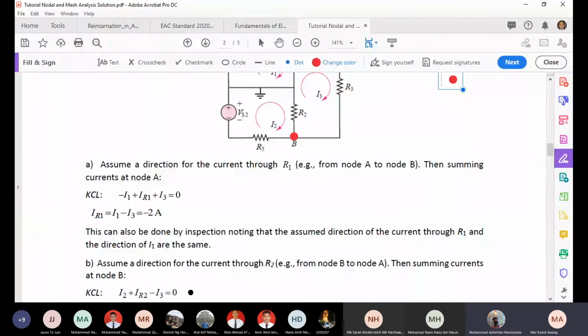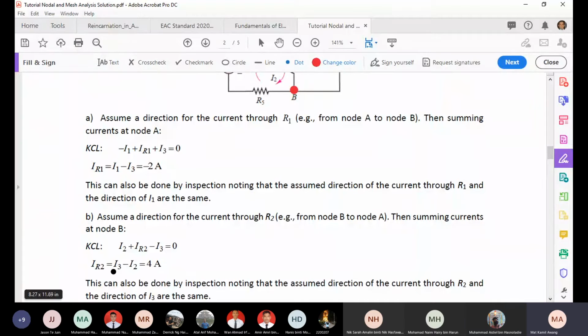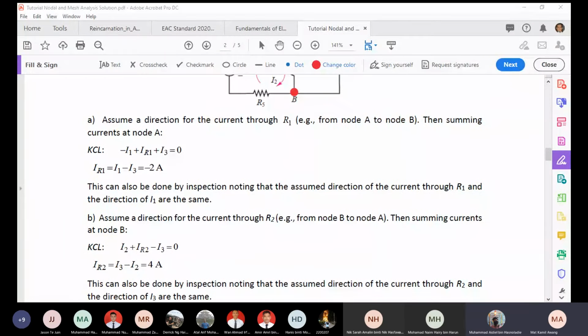So you get I2 plus IR2 minus I3 equal to 0. And you substitute: I3 was 7, minus I2. I2 was given as 3.